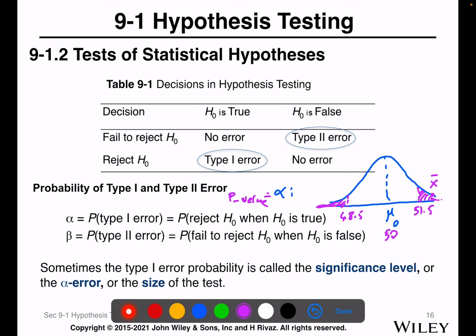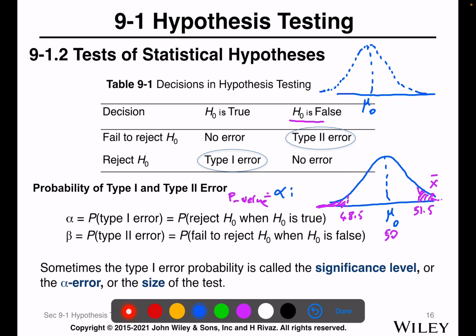And then for type 2 error, we are saying that H0 is false, right? So that means that if this is my null hypothesis is correct, so this is mu 0, right?